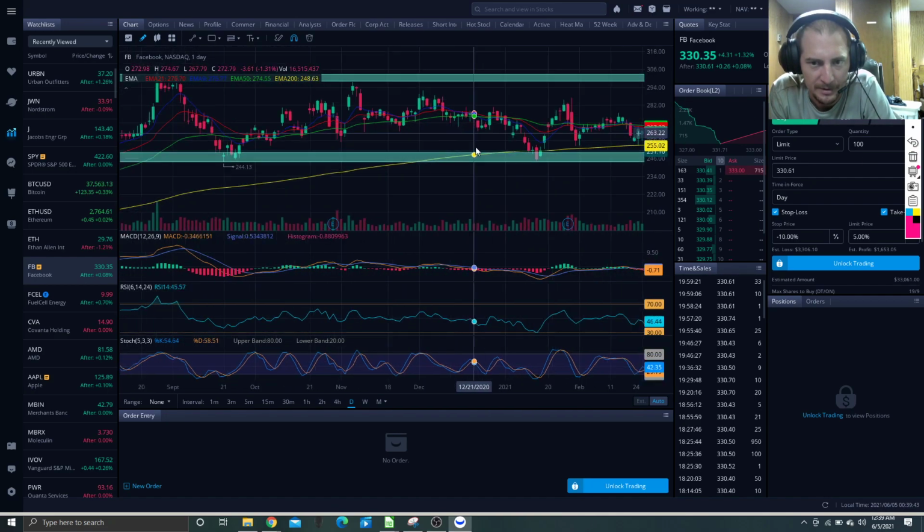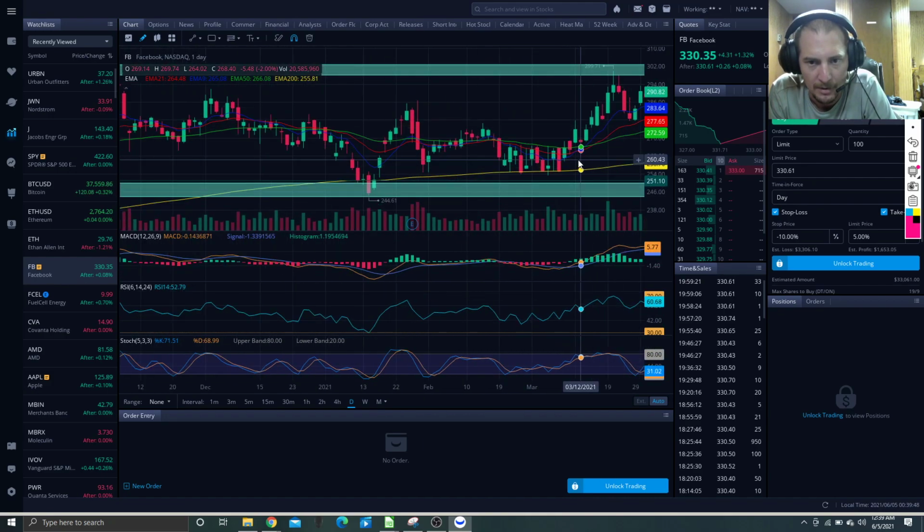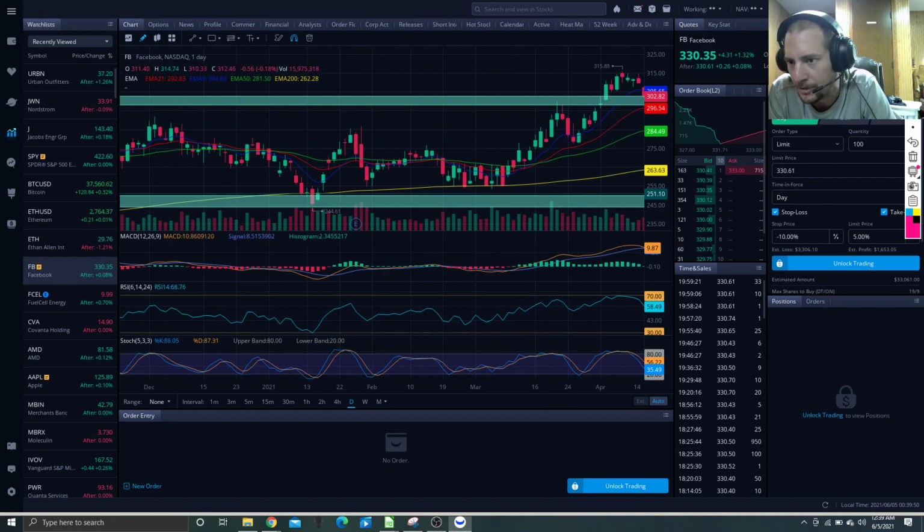Respecting here, and this is all respecting. And then here again, here's another breakout. Price is rejecting here as resistance, and then it breaks above that level, right? And then it retraces down towards that level again.